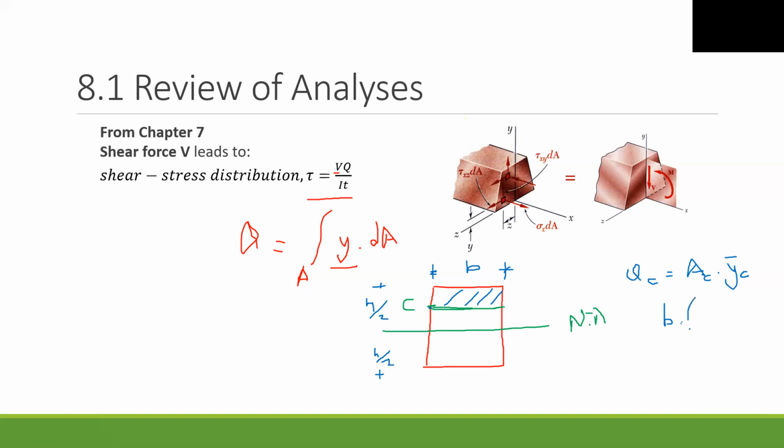So b times h over 2 subtracted by this term, which I call y C. This is A C times y bar C, where y bar C is the centroid of the shaded area.